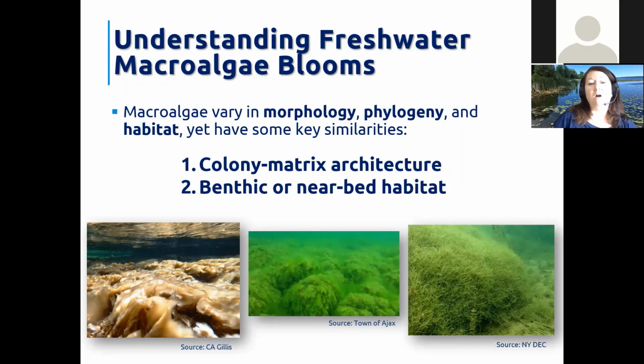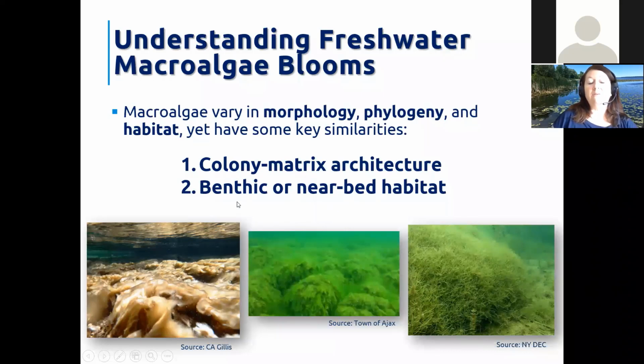And so one common characteristic is this colony matrix architecture. It's basically a fancy way of saying they grow really tightly. The cells are microscopic, but when they all grow together in this matrix, they form this very large mat. And does this give them an advantage for acquiring nutrients, for example?